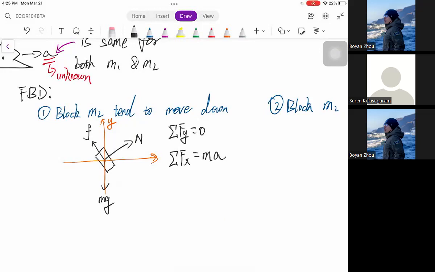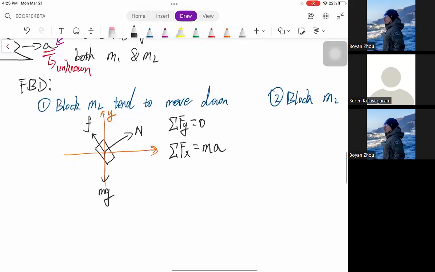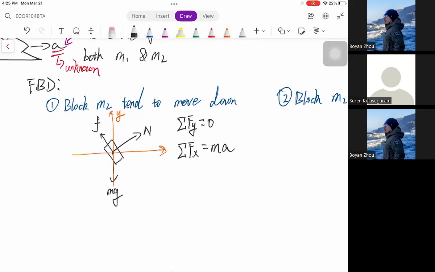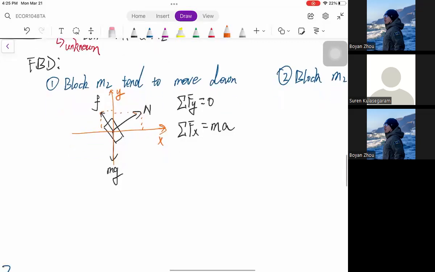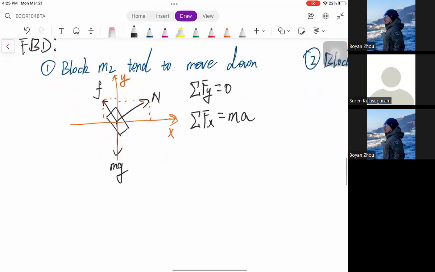So F_x is equal to ma. We just need to project those forces onto our x and y axes, and then we can list some equations.